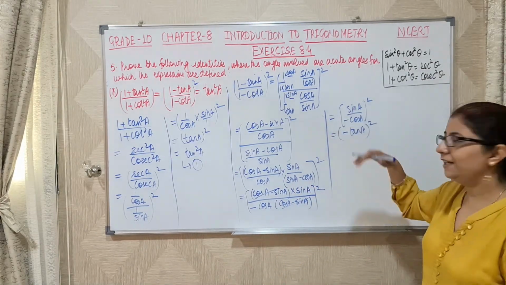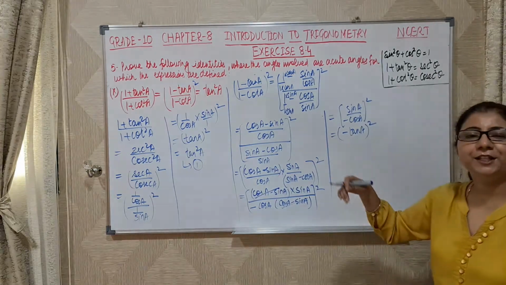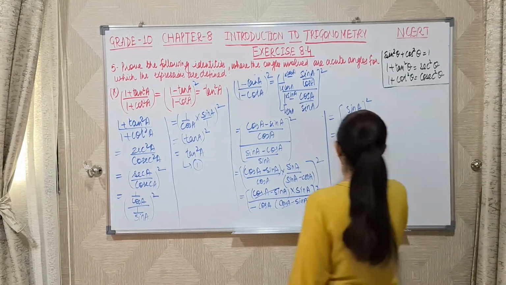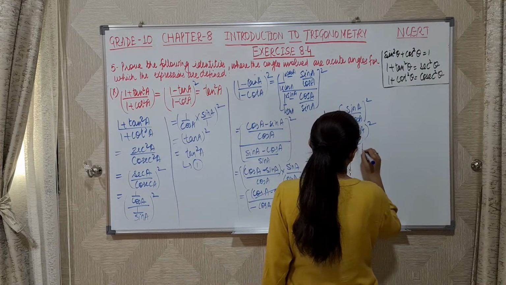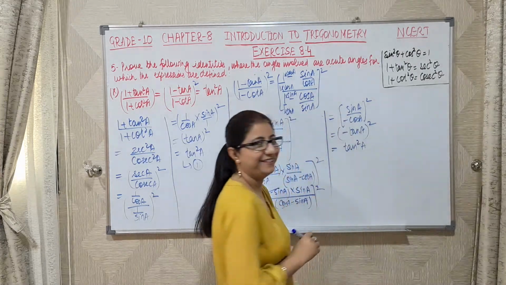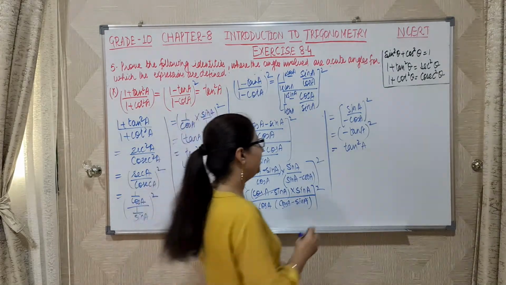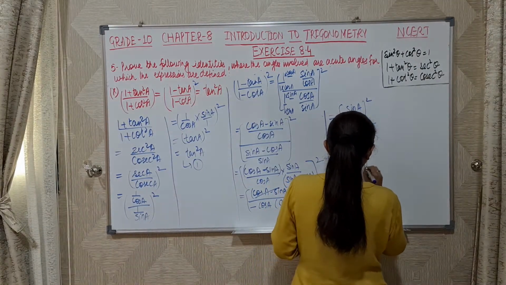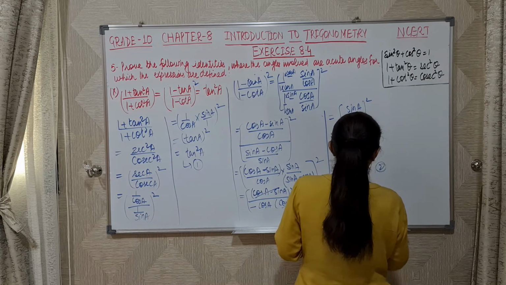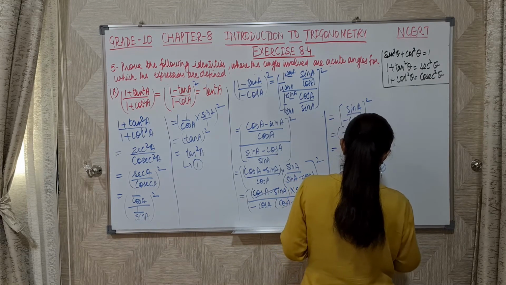So minus tan A into minus tan A will give me plus tan square A. So minus minus will be positive. So we will be left with tan square A. So again same thing. So let this be 2 and then we will write from 1 and 2 hence proved.